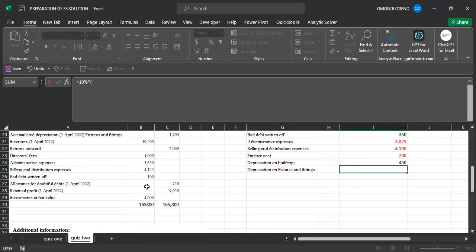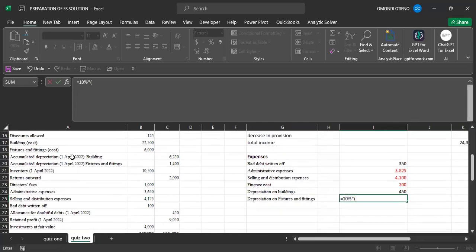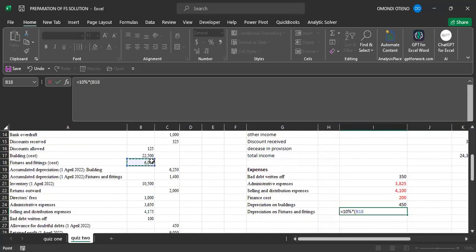How do we get net book value? It is the cost of fixtures and fittings minus its accumulated depreciation up to the beginning of the year. Accumulated depreciation of fixtures and fittings as at 1st of April 2022 is equivalent to 1,400. So when you do that, you'll be able to get the net book value. And from the net book value, we take 10% as depreciation expense for the current year.